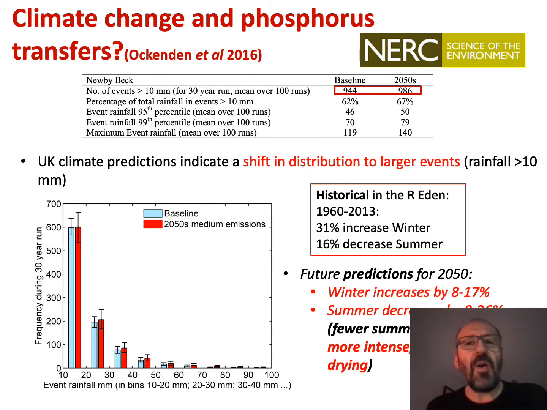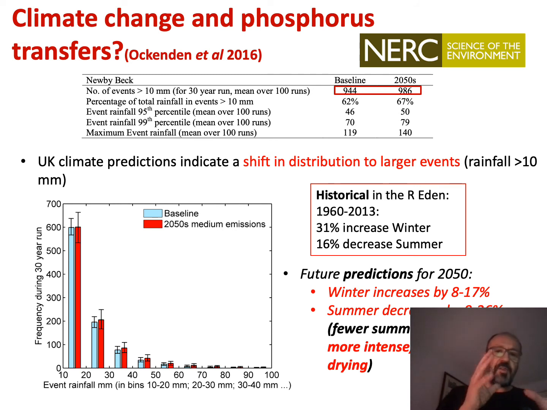So fortuitously, to follow on, I was involved in a project with a team who were specialising in modelling and understanding what the climate change effects would do for phosphorus transfers.